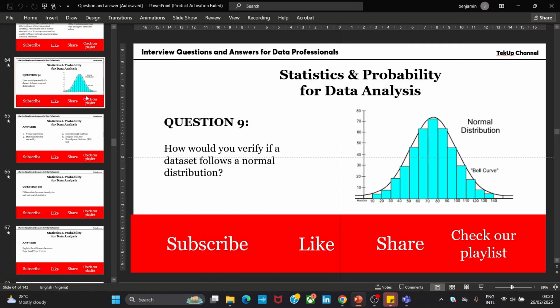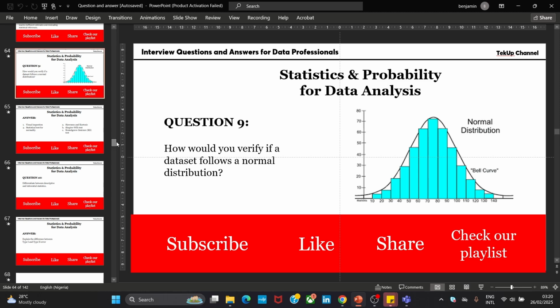Question number 9. How would you verify if a data set follows a normal distribution? So there are various ways to verify if a data set follows a normal distribution. We can verify using visual impression. For example, we can plot a histogram or we can plot a box plot.